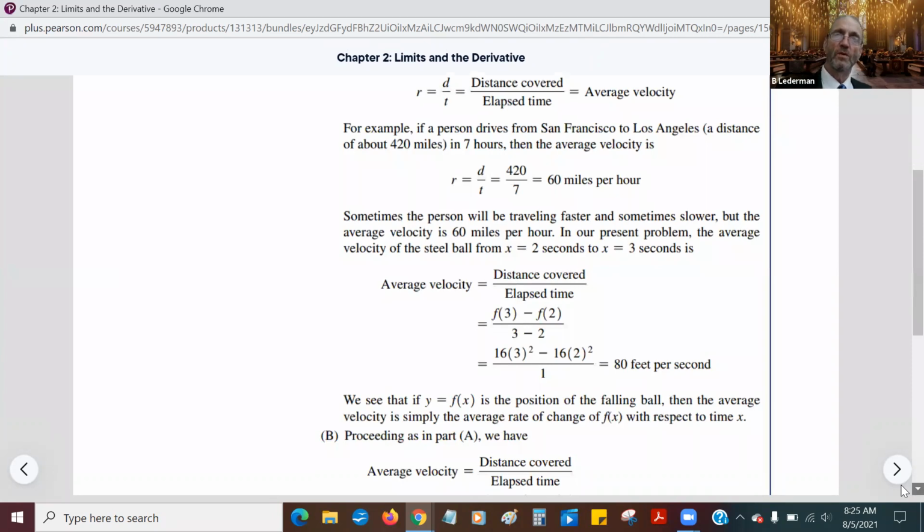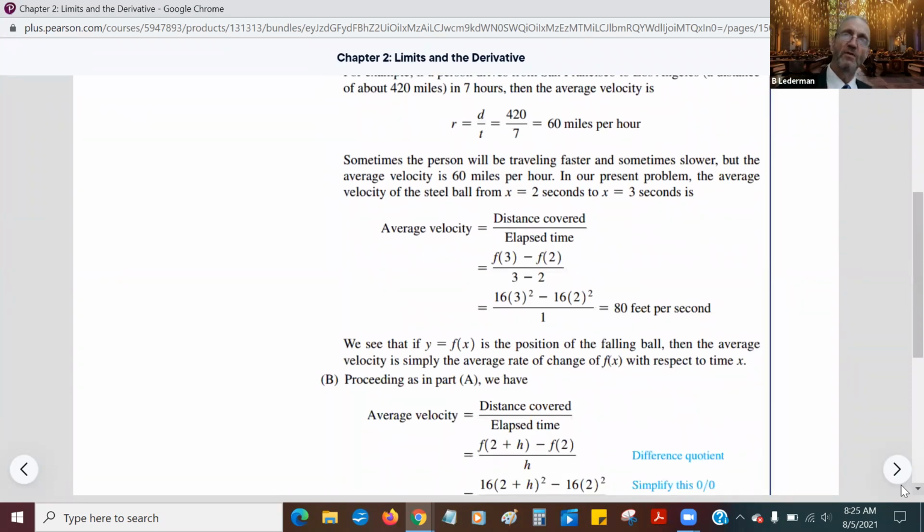Okay, so the average rate in that second going from 2 to 3, it's going to be 144 minus 64 divided by 3 minus 2, which is 1. So it winds up being 80 divided by 1, which is 80 feet per second.